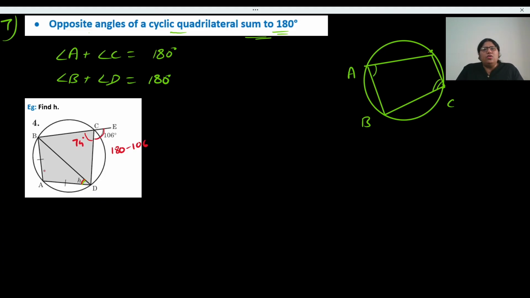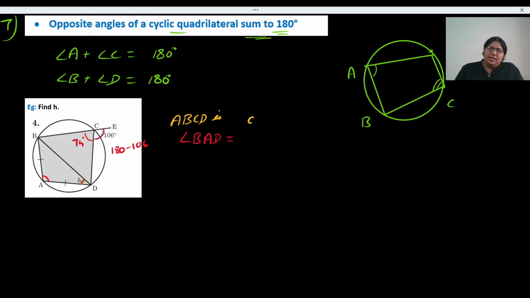Now using this theorem, I can find angle BAD, because opposite angles of a cyclic quadrilateral always sum up to 180 degrees. And you can see why I can use this theorem: because ABCD is a cyclic quadrilateral. You can start with that also.